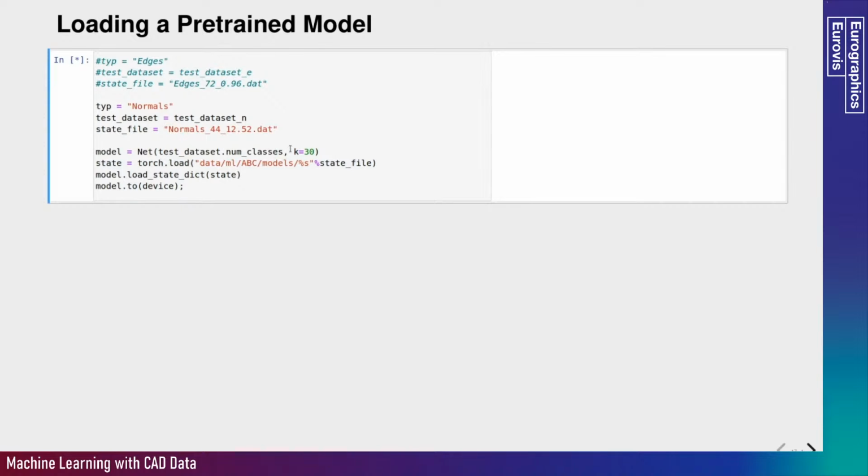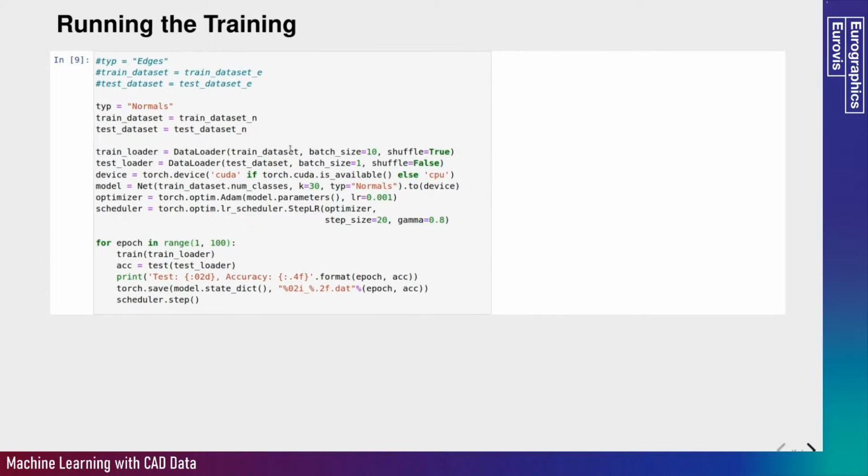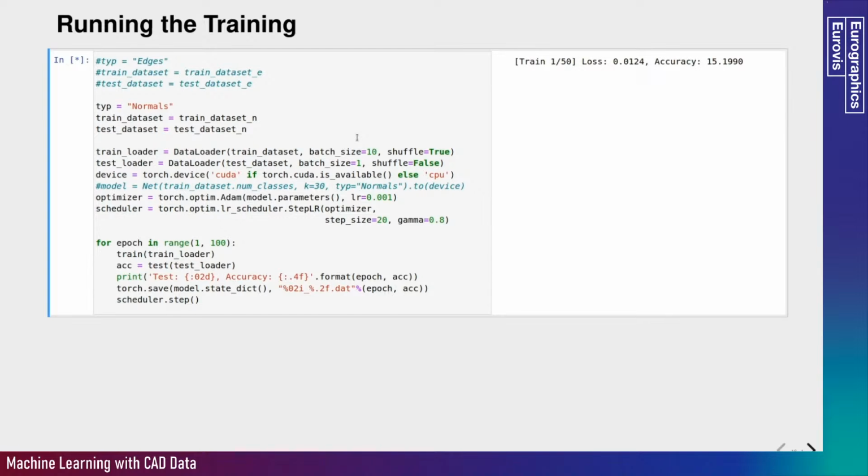So at this state we have our model ready to continue our training, and we just need to comment out the redefinition of the model and can continue our training from this 44th epoch. And we see that our loss is already down by a large degree, and our accuracy on these batches is 14, 15, 16 degrees of mean angle deviation.